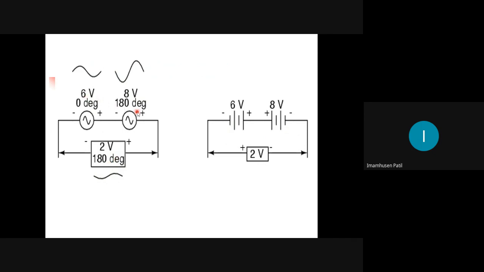Now in an electrical circuit you will have different phase angles, not only 180 degree, but 20, 40, 60. Then it will be very difficult to add and subtract AC quantities, whereas DC is quite easy. That's why how to deal with AC quantities is what we are going to study today.